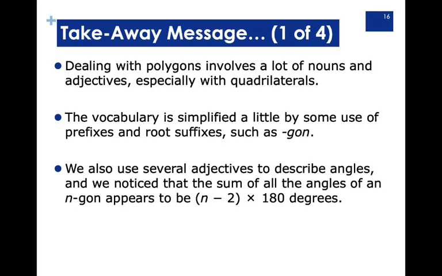And so takeaway from this section is dealing with polygons. Again, just vocabulary there, simplifying these. And then there was an observation here where we noticed the sum of angles of an n-gon appears to be (n minus 2) times 180 degrees. And there's an exercise that will further explore this.